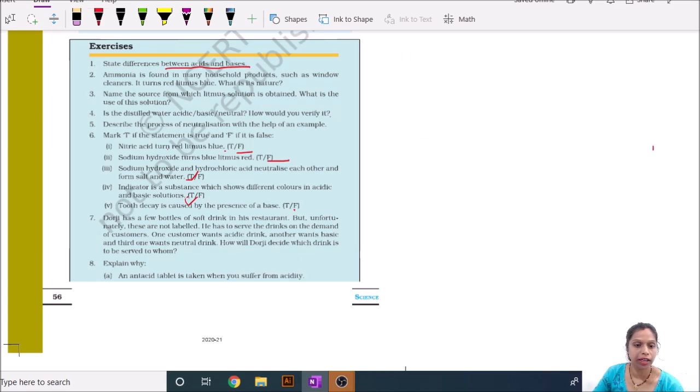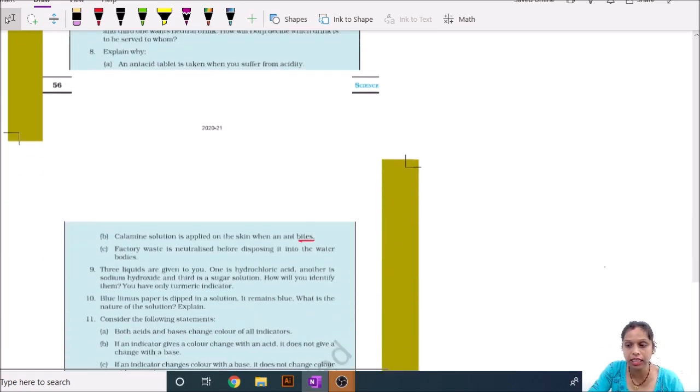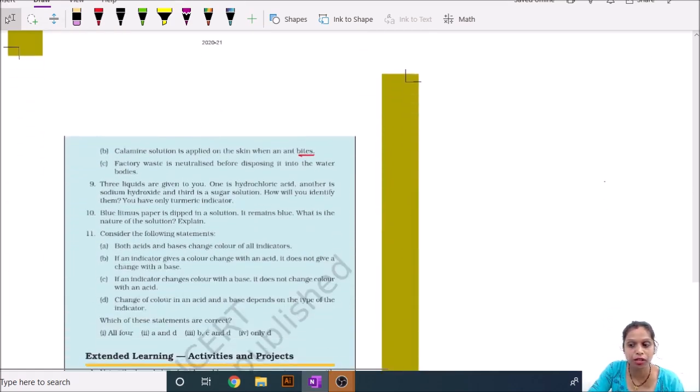Okay, now the next question: is an antacid tablet taken when you suffer from acidity? Yes, because antacid is basic in character, and whenever your stomach secretes a large quantity of acids, it neutralizes that and gives instant relief.